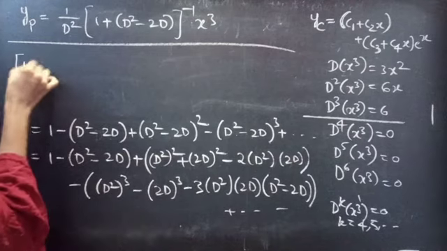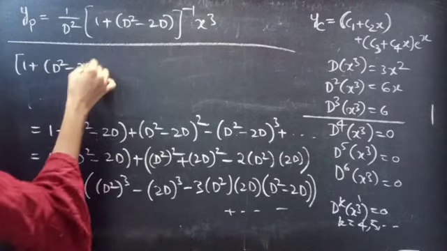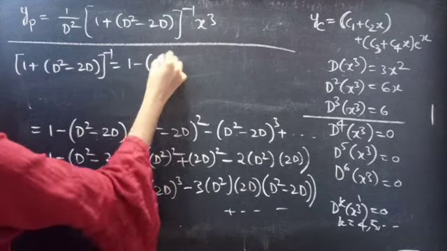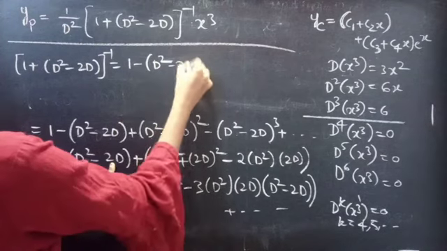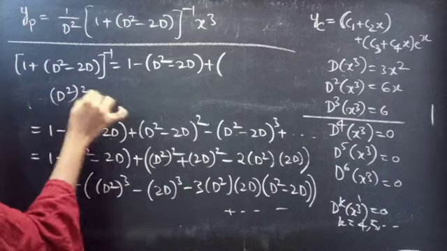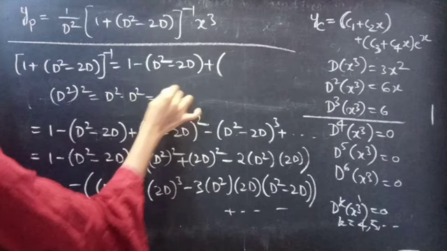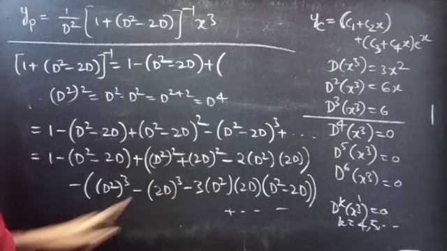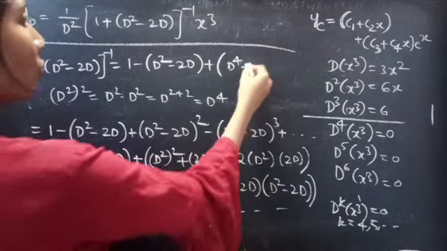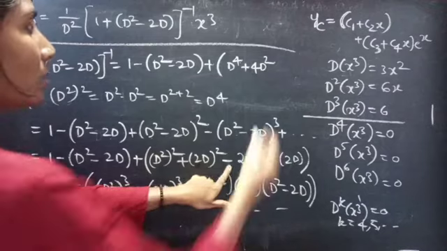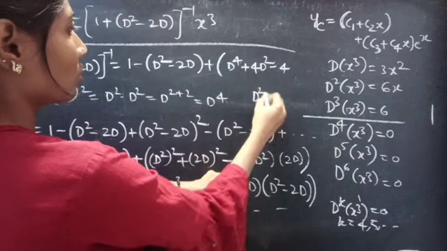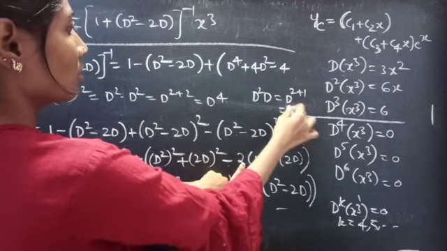Then (1 + d² − 2d)⁻¹ becomes 1 − of (d² − 2d) plus (d²)², which is d² into d², d to the power 2 + 2, which is d⁴, right? d⁴ plus (2d)², which is 4d², into d²... minus 2 twos are 4, d² into d is d to the power 2 + 1, d³, right?